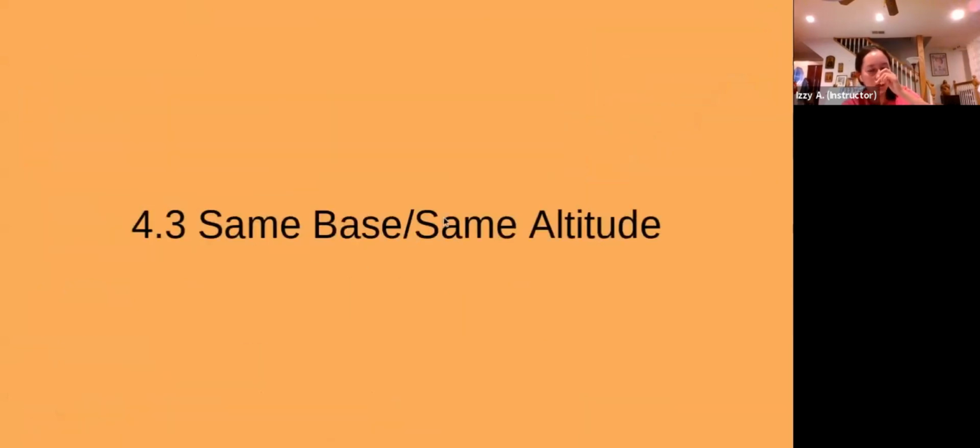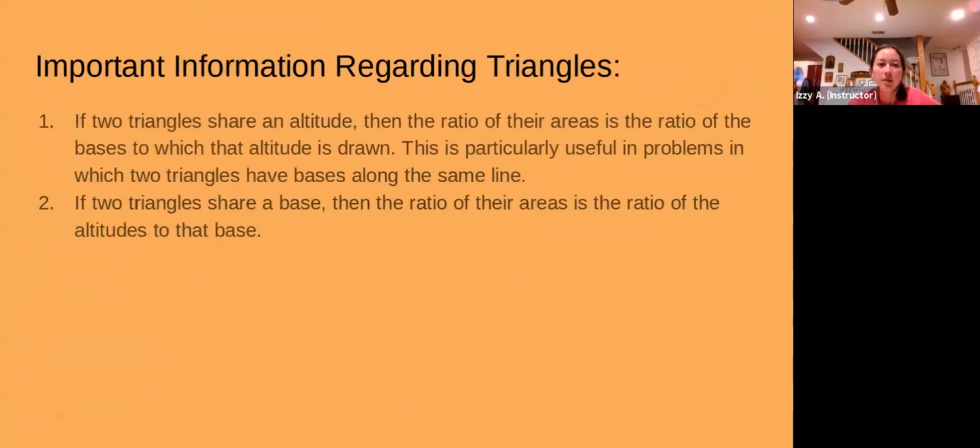Next we're going to be covering same base and same altitude. Important information regarding triangles: if two triangles share an altitude, then the ratio of their areas is the ratio of the bases to which that altitude is drawn.